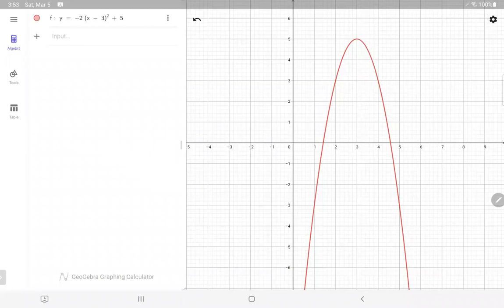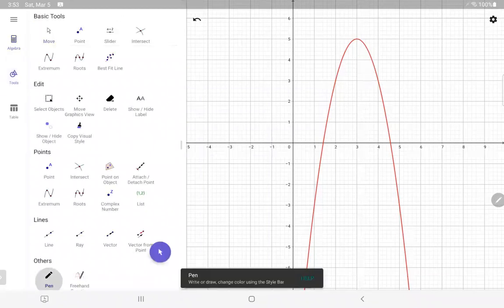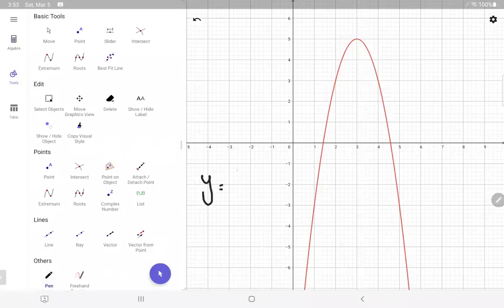Okay, so this is Y equals negative 2(X minus 3) squared plus 5. The vertex is still (3, 5).